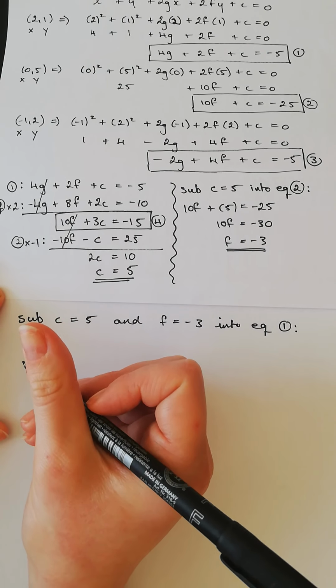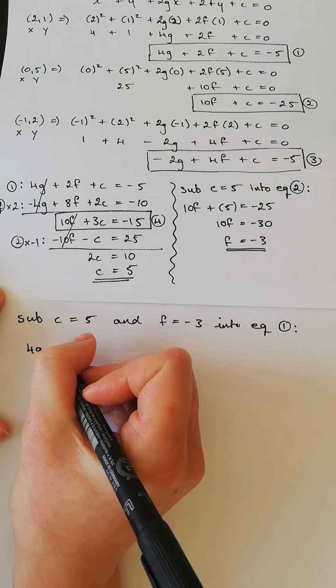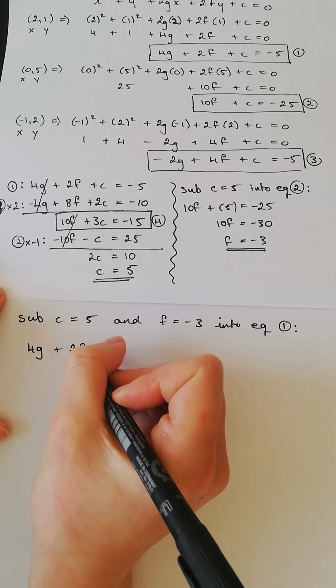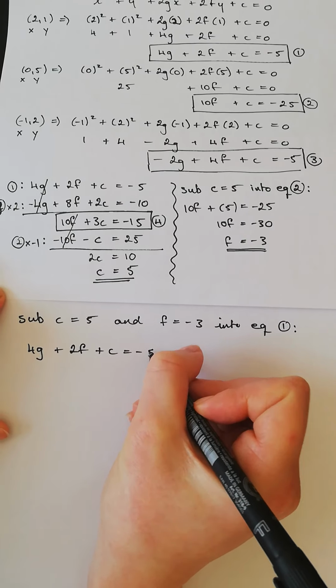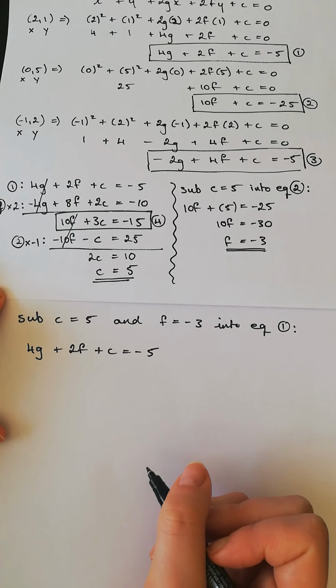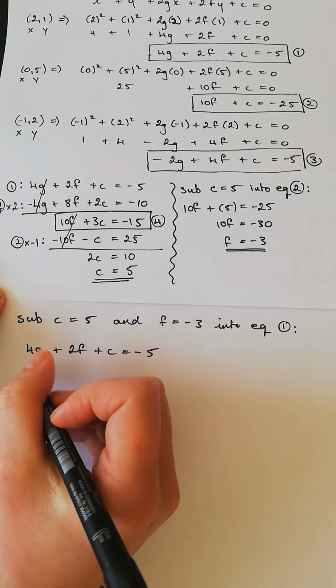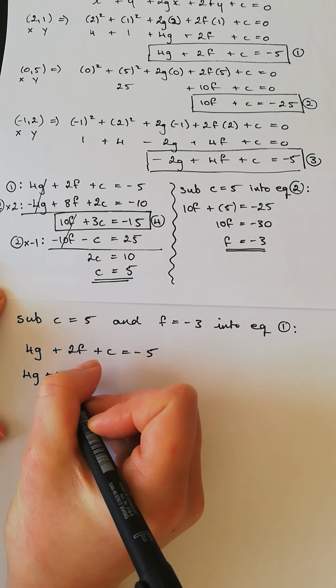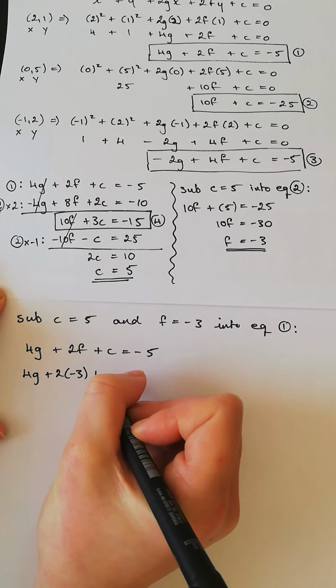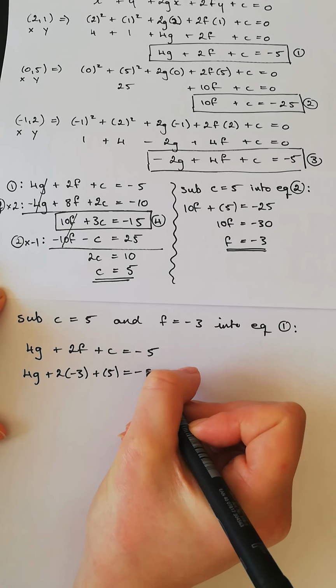So equation 1, I'm going to write it out again because I'm transferring from one page to the other as well, and I just want to make sure I don't do anything silly. So equation 1 is 4g plus 2f plus c equals minus 5, and I am replacing f with minus 3 and I'm replacing c with 5.